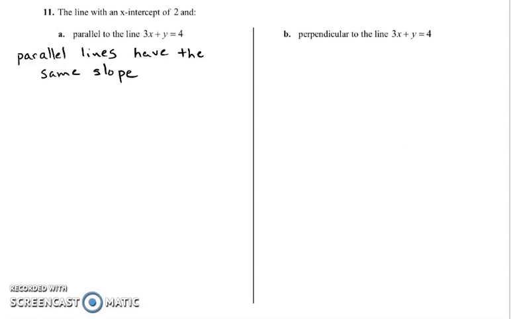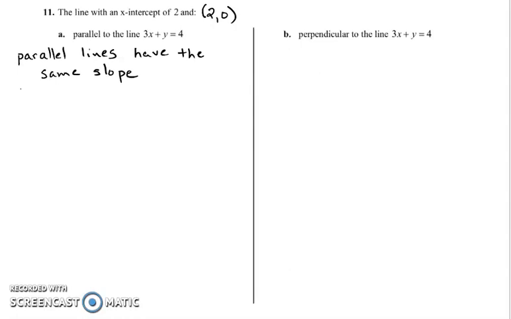So if they give us one equation of a line, 3x plus y equals 4, and they tell us that we have an x-intercept of 2, that gives us a point. Remember, for an x-intercept, the value of 2 is the x-coordinate and the y-coordinate is 0. So if we do something with the line they've given us, we can find its slope, and then we can use that slope and the point to find our other equation.